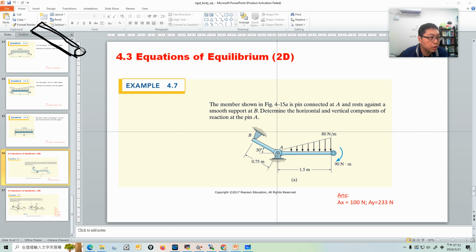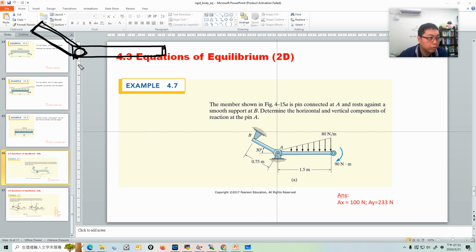The free body diagram is free from its surroundings, and we write down all the forces acting on this body.